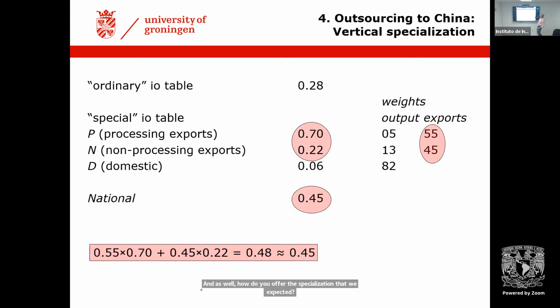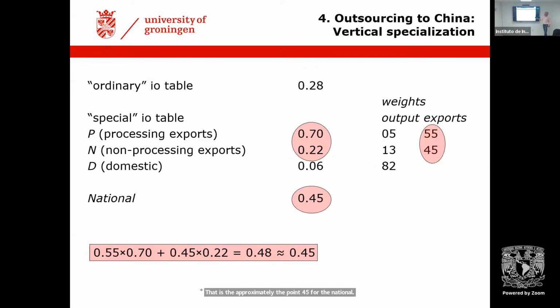Observe that the 0.45 is not exactly the same because the calculation is slightly different from what I'm telling you now, but approximately it is 55% times 0.7 plus 45% times 0.22. That is approximately the 0.45 for the national average.